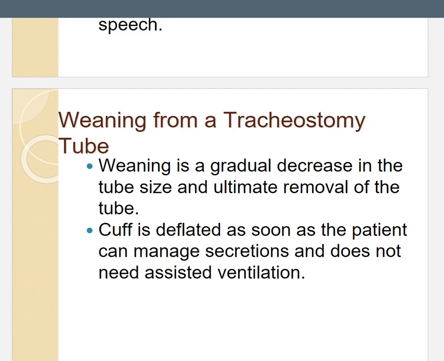We can even put a cap on that trach so that patients can talk. Some of them can even start eating, and we just see how they do. Just make sure that our patients are safe when they eat with a trach so there's no chance of aspirating, okay? And that pretty much concludes that chapter on O2 therapy and tracheostomy.